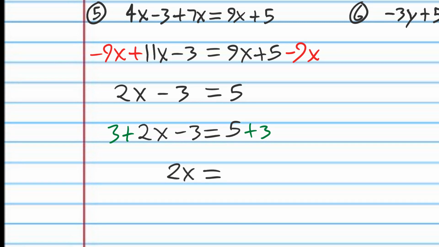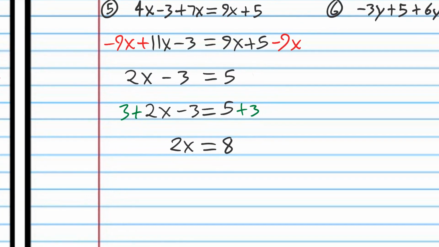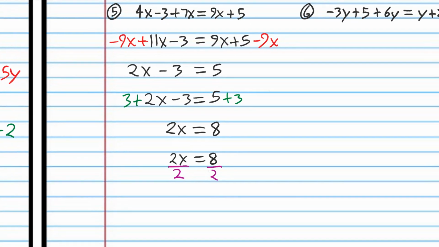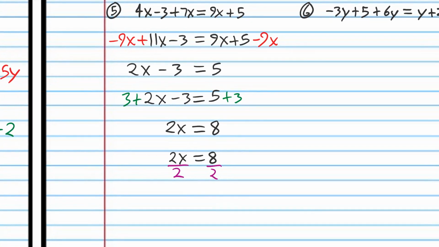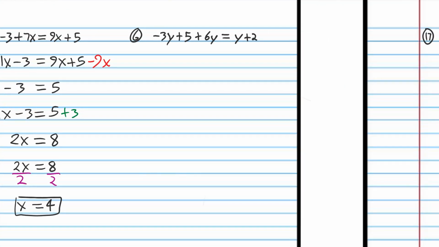So you have 2x is equal to 8. And then rewrite again. Again, I know the rewriting is tedious, but you just got to do it. You got to show your work. But we're not always going to have to do this rewriting. Once you get to more advanced math, you're going to be able to do a lot of this in your head. So we got 4 for number 5. That's going to number 6.